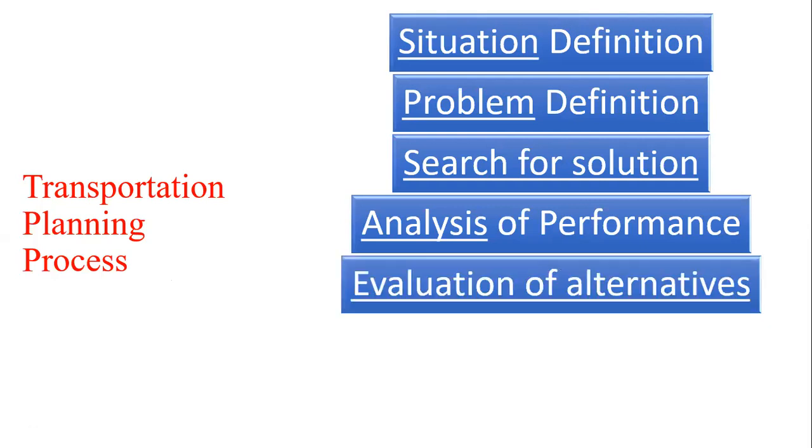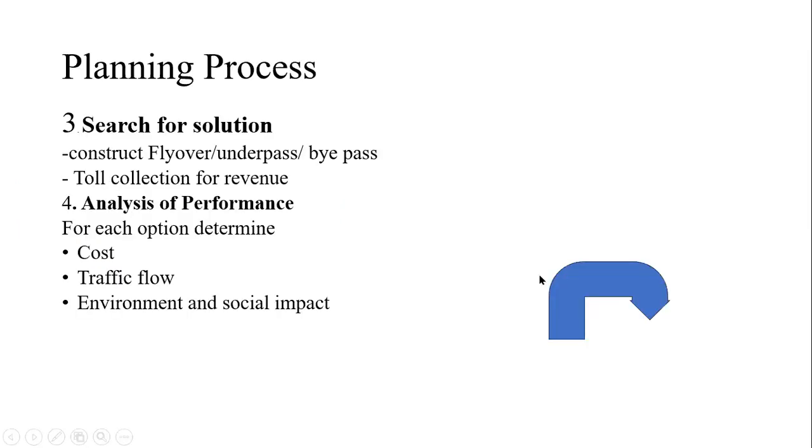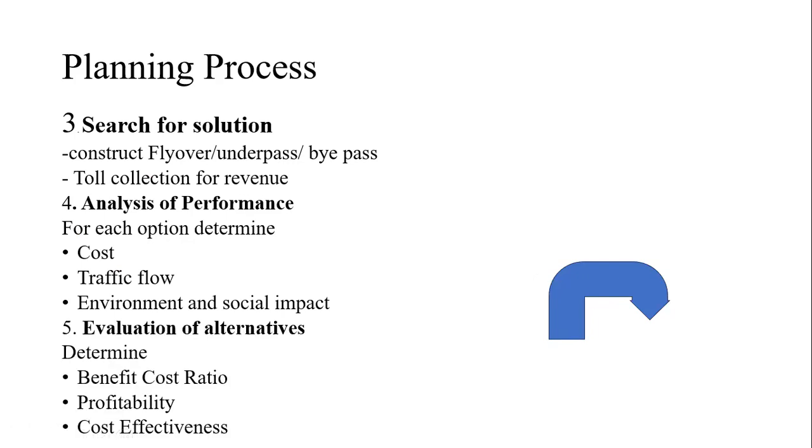The next step is the evaluation of alternatives. By evaluation of alternatives, I mean we determine the best benefit cost ratio of each of the facilities. We try to find the profitability out of selecting among the solutions that have been suggested.